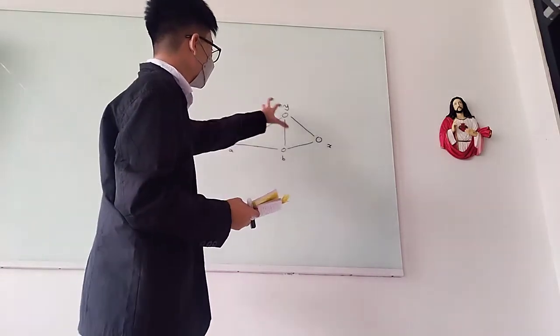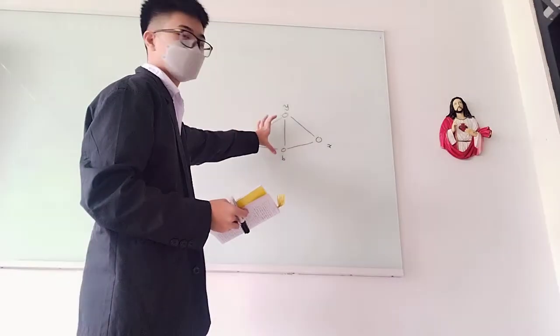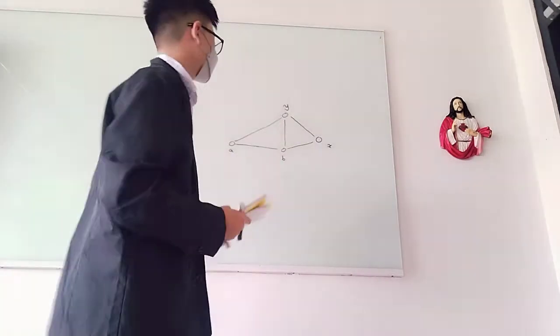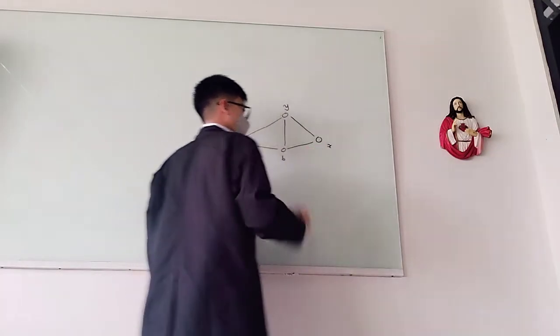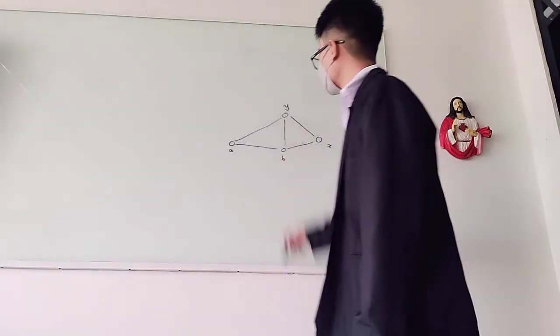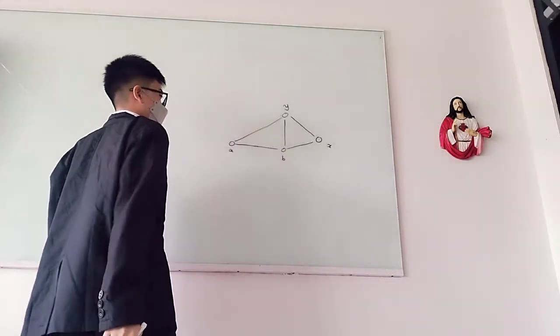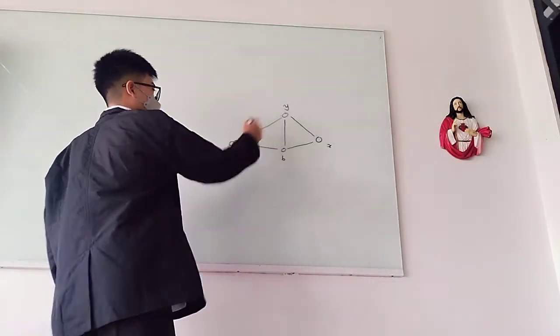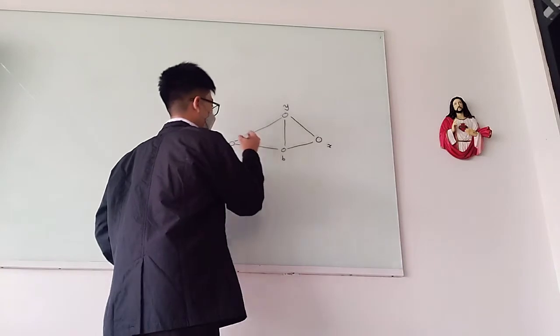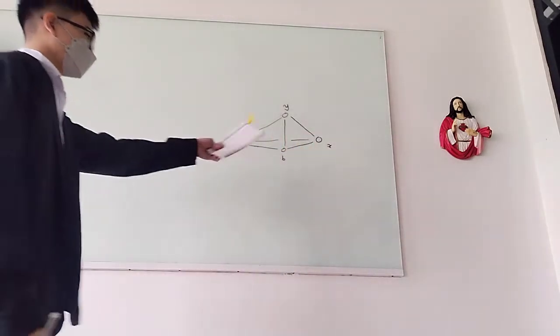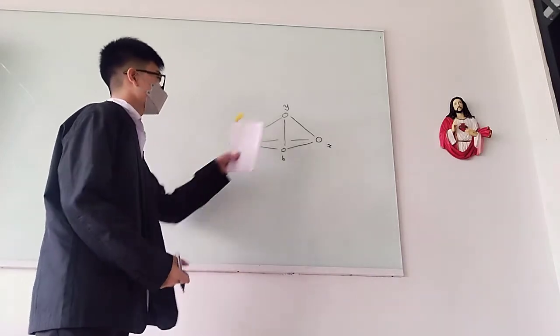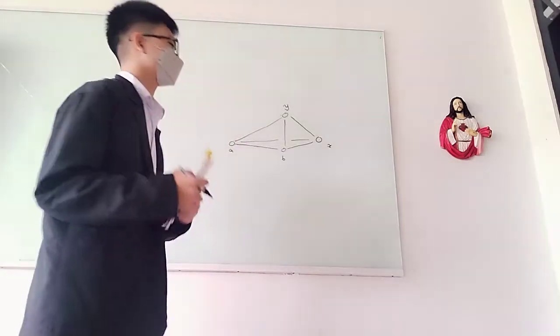Because for every two vertices here, there is always a connection. So Y and B have a direct connection. B and X have a direct connection. X and Y have a direct connection. AB has a direct connection. AY has a direct connection, and then just draw one more. And now AX has a connection. A and X has a connection. So now this graph is connected.